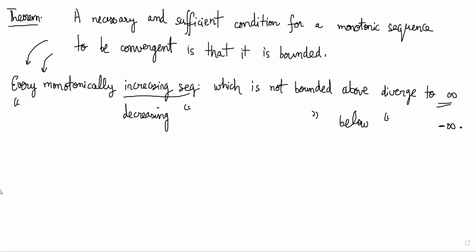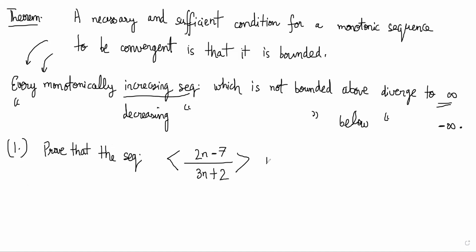So, for example, prove that the sequence given by (2n minus 7) by (3n plus 2) is monotonic, bounded, and therefore converges.